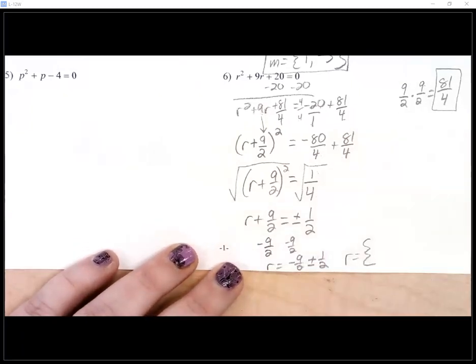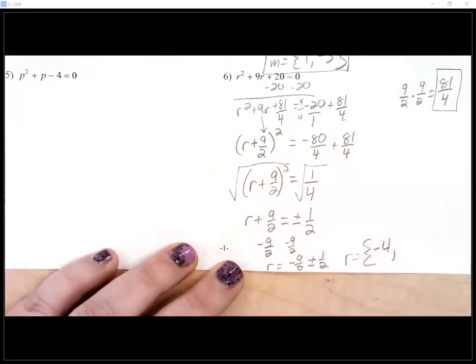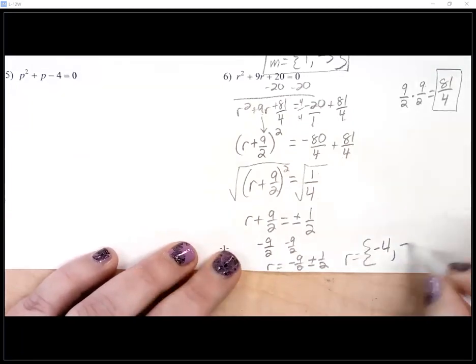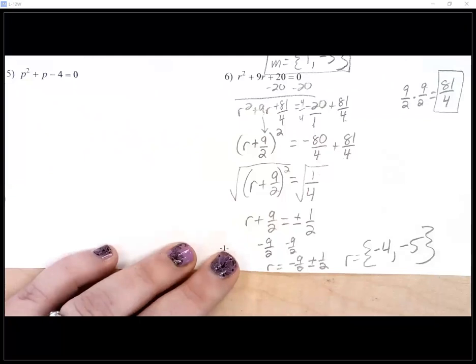Negative 8/2, which is really just negative 4, and then we go along the bottom. Negative 9/2 minus 1/2 is negative 10/2, or negative 5. It would be wrong if we did simplify it.